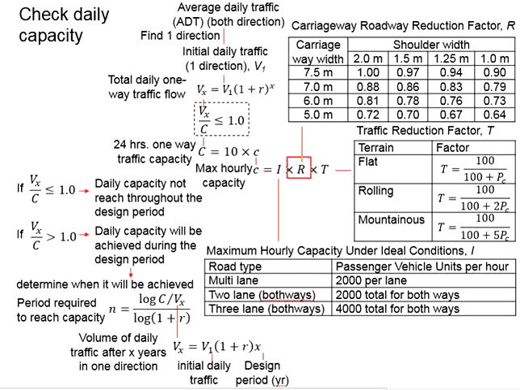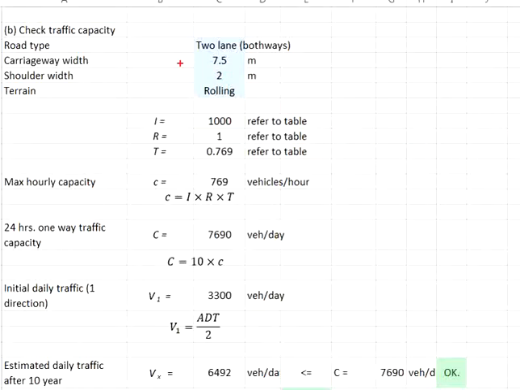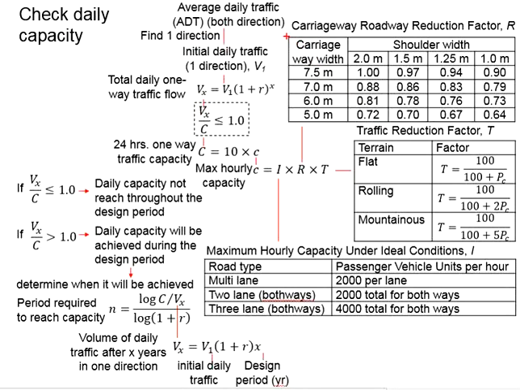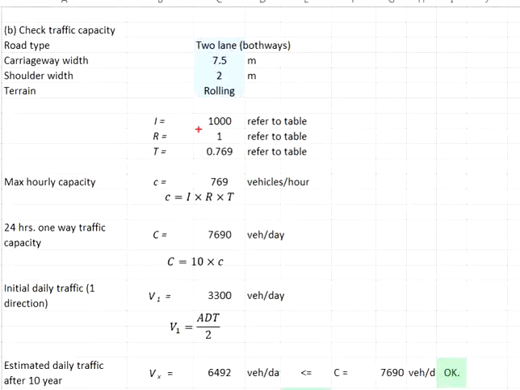The reduction factors deal with the width of the carriageway as well as the road shoulders. Assuming the width of the carriageway is 7.5 meters and the width of the road shoulders is more than 2 meters, you may refer to the table here. 7.5 meters, 2 meters, with the reduction factor of 1.0. That gives you 1.0 R.